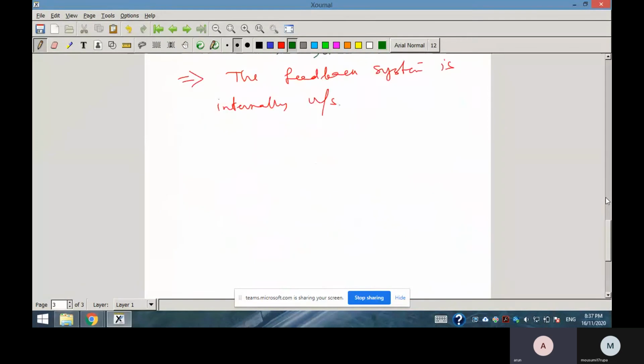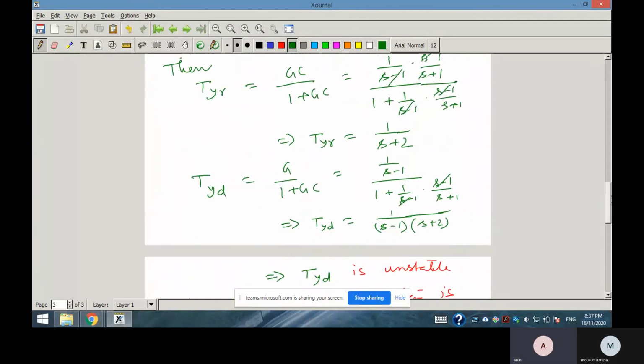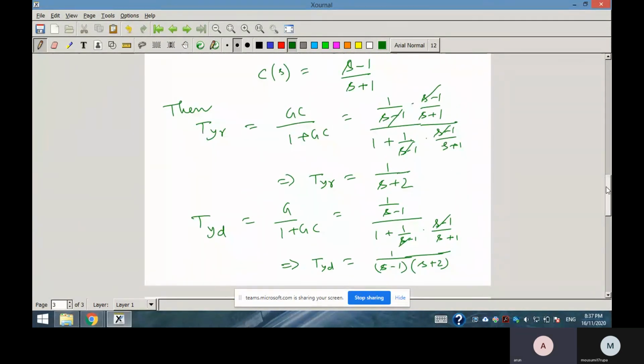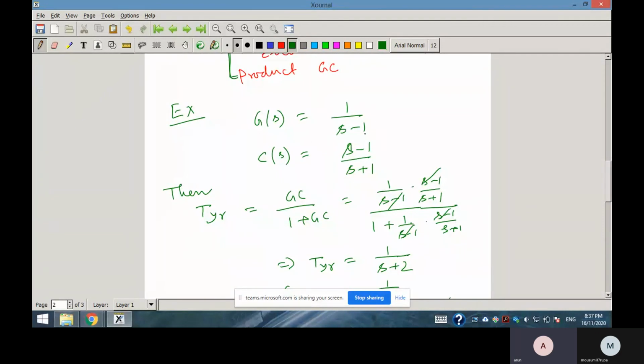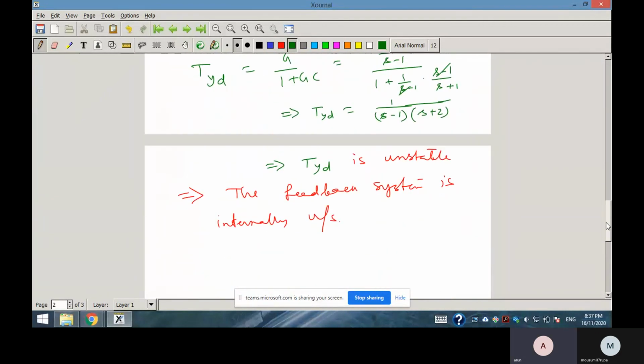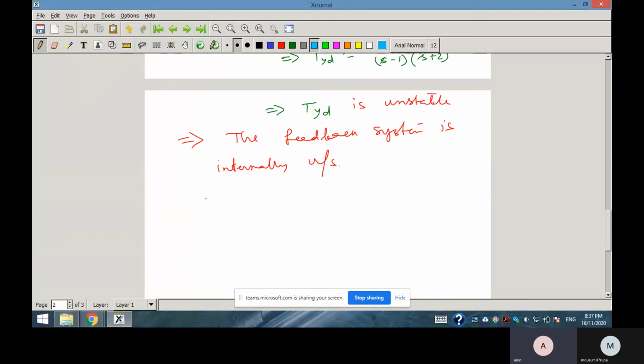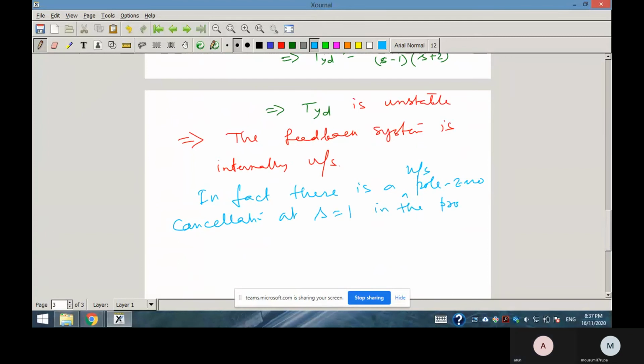There is a pole zero cancellation in the product G and C. You can see there is a pole zero cancellation. So s minus 1 will get cancelled. So in fact, there is an unstable pole zero cancellation at s equal to 1 in the product GC.